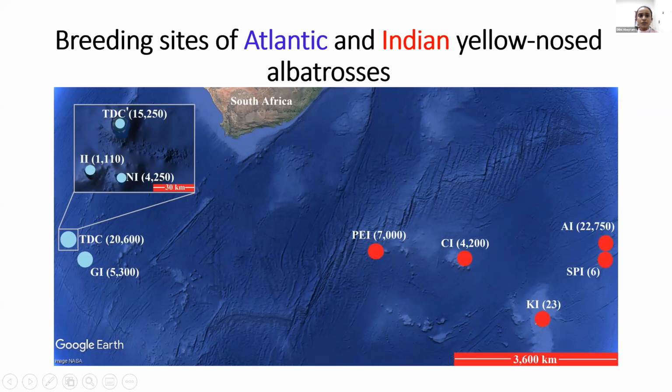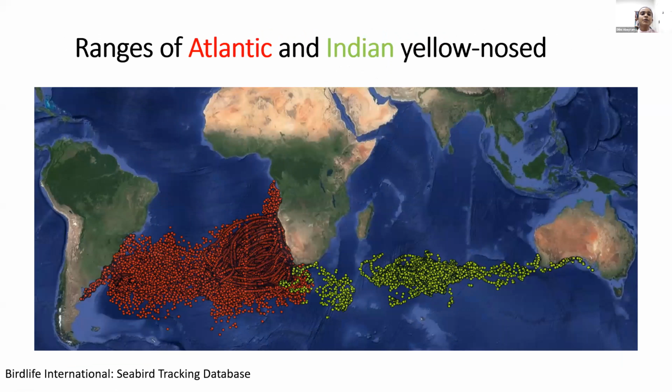Not only the breeding sites, but there's also a difference in the foraging range of the two species. As you can see in this map, the red dots represent the foraging range of the Atlantic yellow-nosed albatross, which is more confined to the Atlantic Ocean, while the foraging range of the Indian yellow-nosed albatross, represented by the green dots, is more confined to the Indian Ocean.